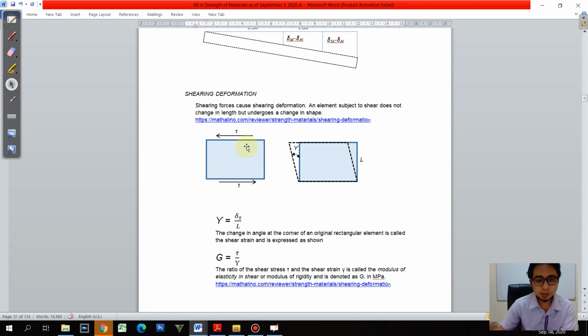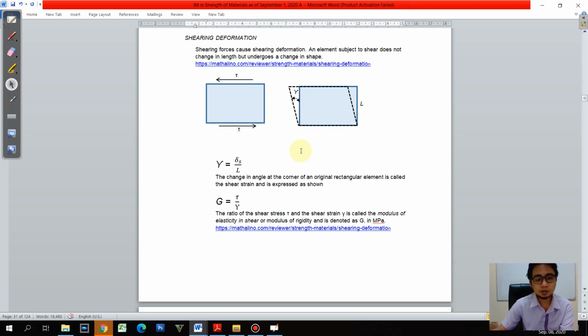This shearing stress will tend to slide the material. So if there will be a slide or twisting on the material, there will be an angle here that will be developed, okay, on the element of the material.